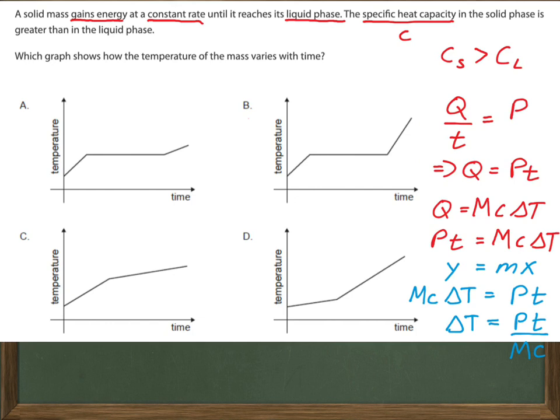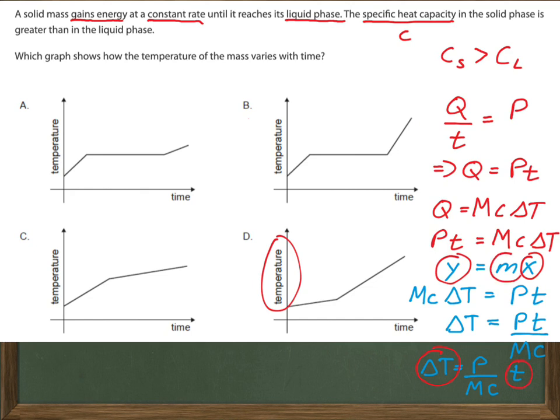If I just change it a little bit, delta T is equal to P over MC times T. And now it's in the form y is equal to mx, where y is delta T, and that's correct. X is the time, T, and that's correct.